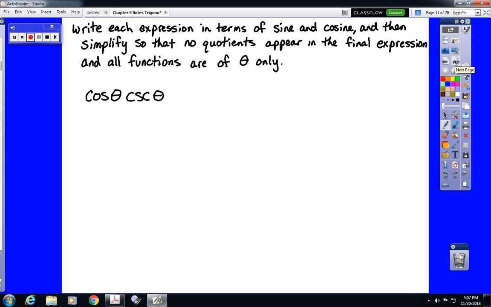Okay, so again, this is one that you tried on your own the day that we did these notes. So again, I'm going to go pretty quickly through this one. You should recognize that cosecant can be written as 1 over sine. But you're thinking, hey, that didn't cancel. You're right, it didn't cancel. But that's okay.